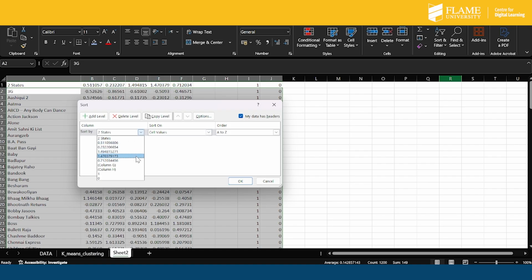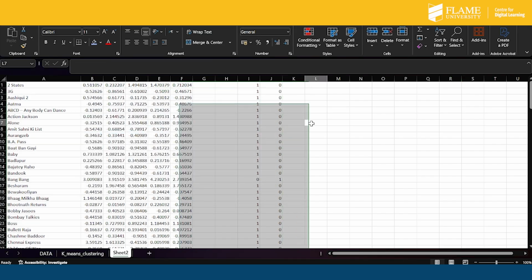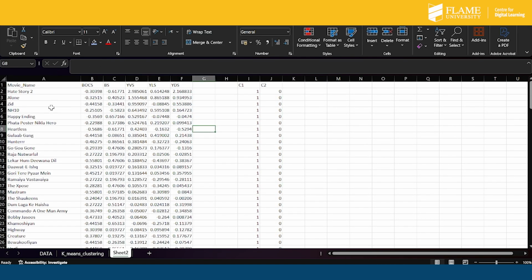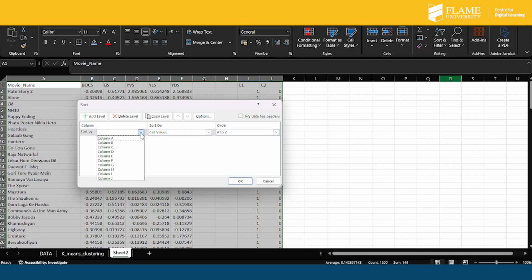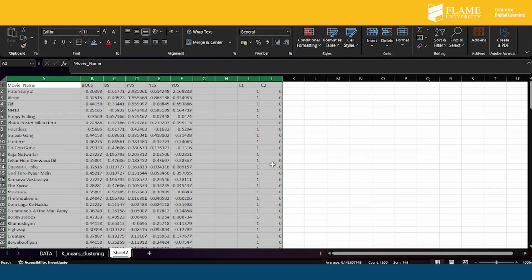So I'm just considering the levels, then C1, largest to smallest, because I need all the values at once.